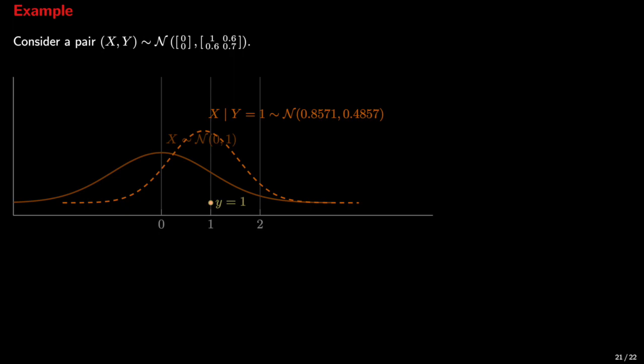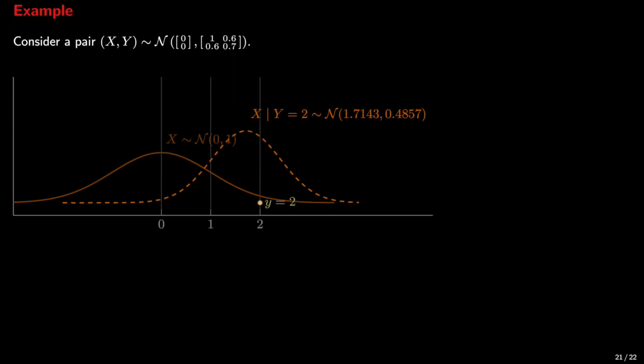The expected value of x given that y is equal to 1 is 0.8571. And similarly, for y is equal to 2, we can estimate x. The conditional expectation of x given that y is equal to 2 is 1.7143.